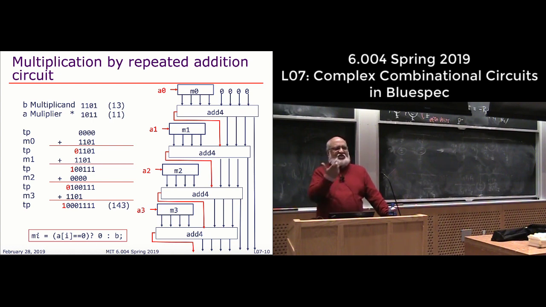Whether I'm adding a 0 or something else. I already gave you the program for this by saying MI equals 0 if the ith bit is 0 in the multiplier, otherwise it's the multiplicand. Okay, the question is, how do I connect it? So I'm going to use 4 adders for this. So far so good. In the first adder, what is the other operand?